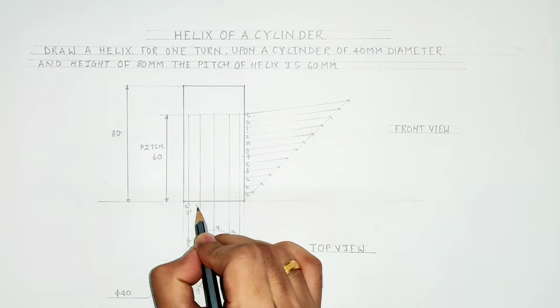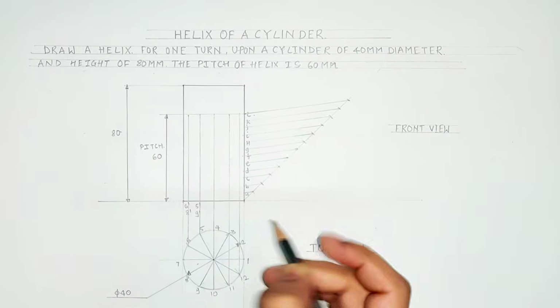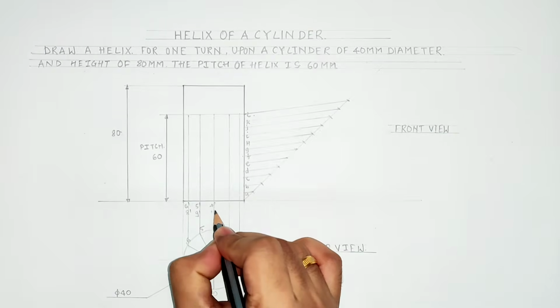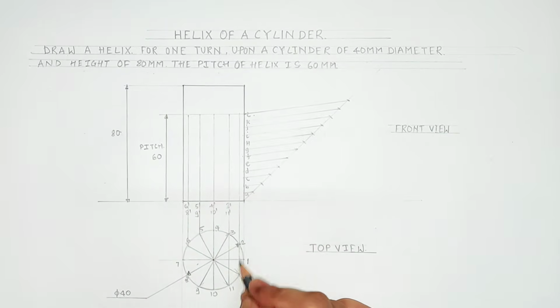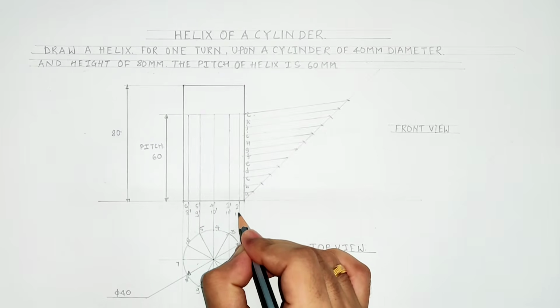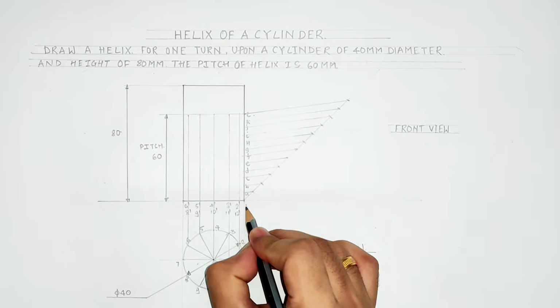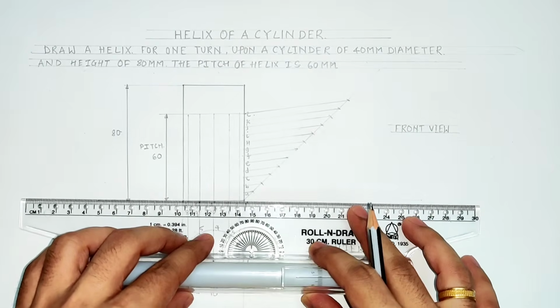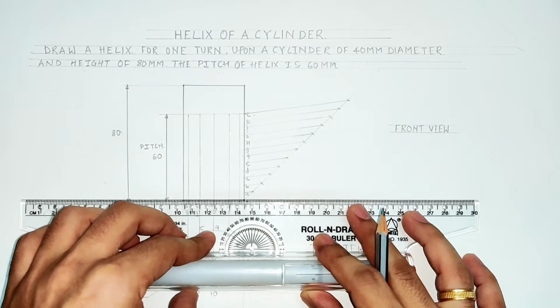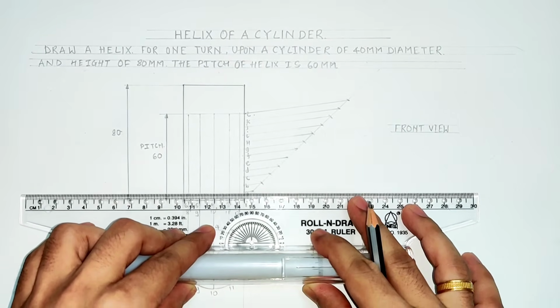Now mark the points as 6 dash, 8 dash, 5 dash, 9 dash, 4 dash, 10 dash, and like that, as they intersect from the bottom top view. After drawing that, you have to join the lines.